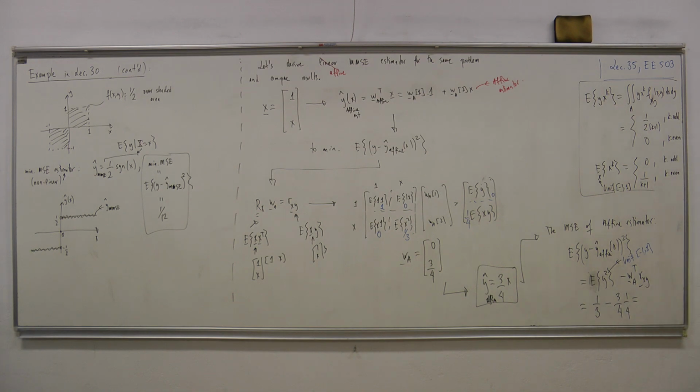Okay. So what do I have? This is 16 minus 9, this is 7 divided by 48. Okay. So this is approximately equal to 0.1458.